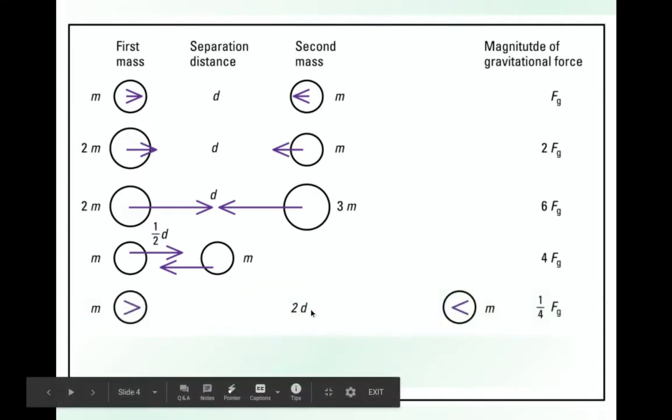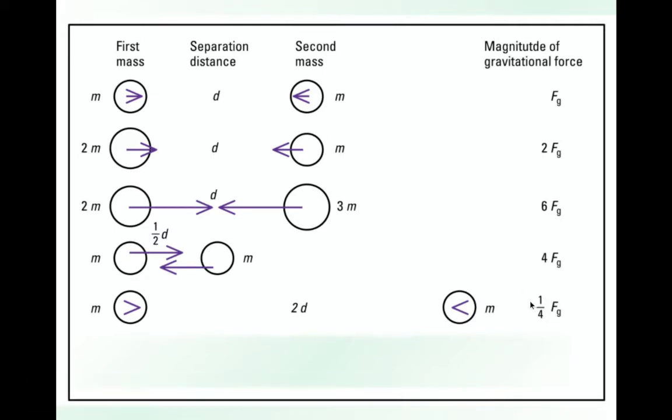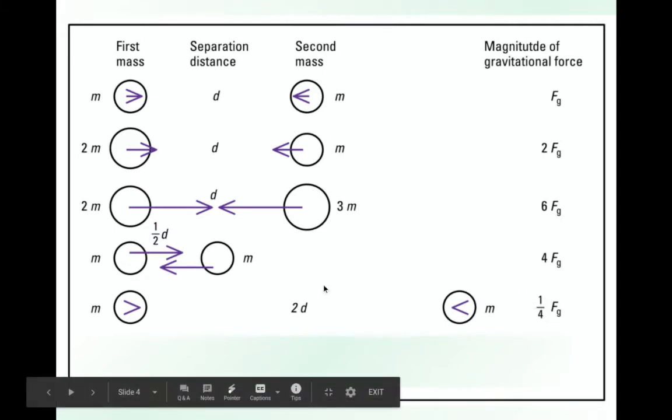Okay, if we double the distance, again, we get 1/4 because it's 1 over r squared. So 1 over 2 squared, 2 squared is 4, so 1 over 4 is our Fg. And then if we double the distance, okay, and then we have 2 times the mass here, 3 times the mass here, basically 2 times 3 is 6, that's what's on top, and then 2 over 2 squared, which is 4. So we got 6/4 or 3/2, either way.